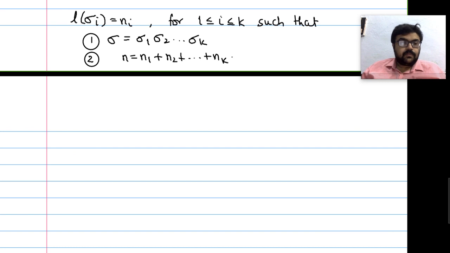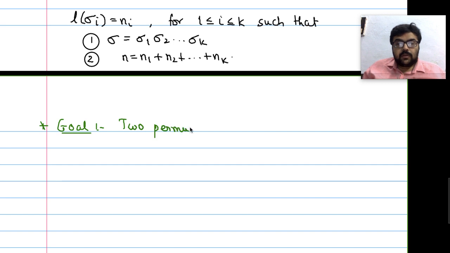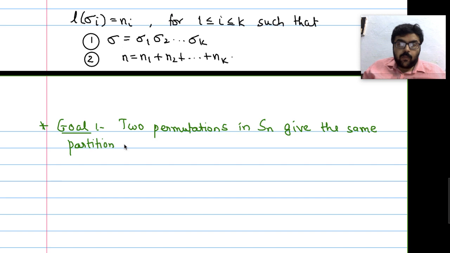So let me write what I said. Our next goal, which is the final goal of this unit: two permutations in Sn give the same partition of n if and only if they are conjugate of each other.